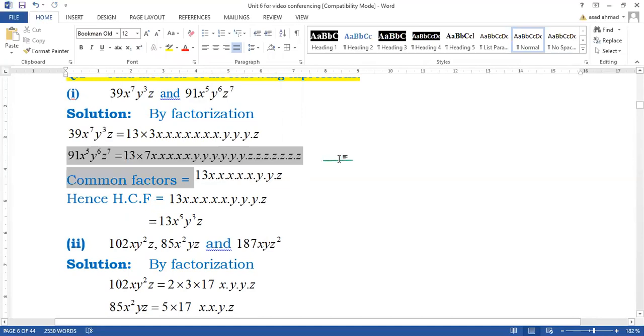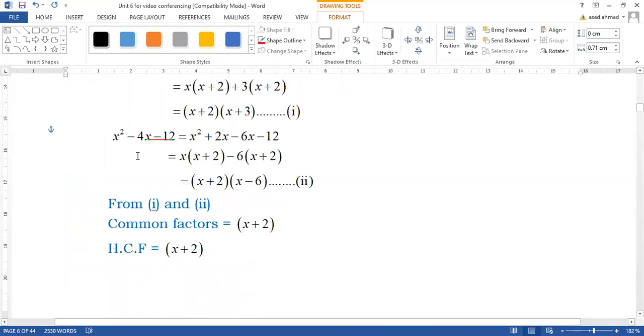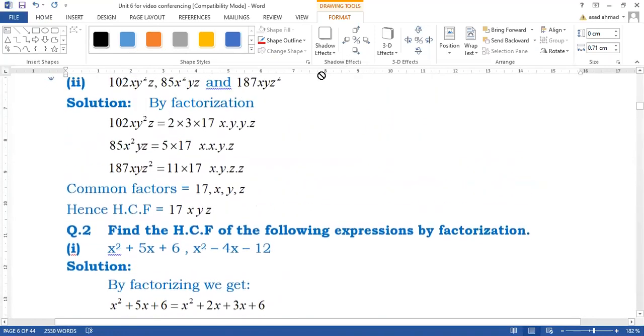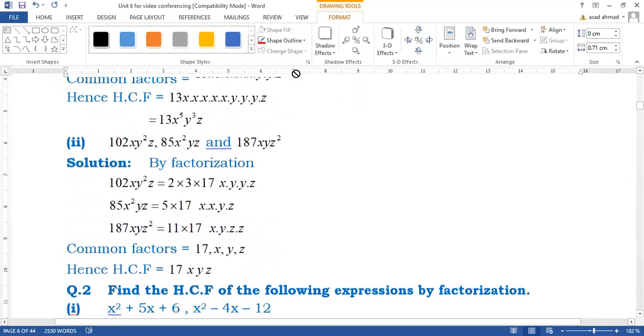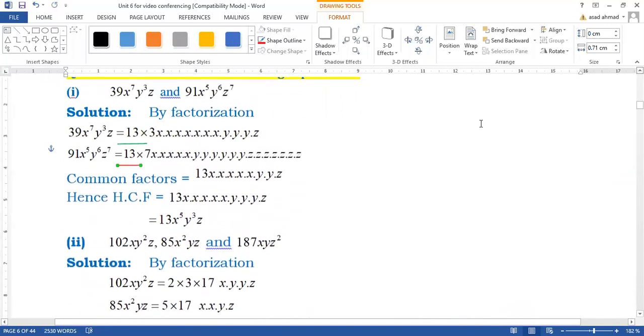As far as numbers are concerned, you will see that 13 will be taken as common in both of these numbers.